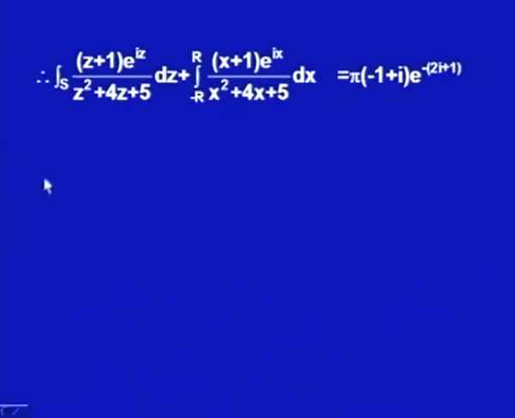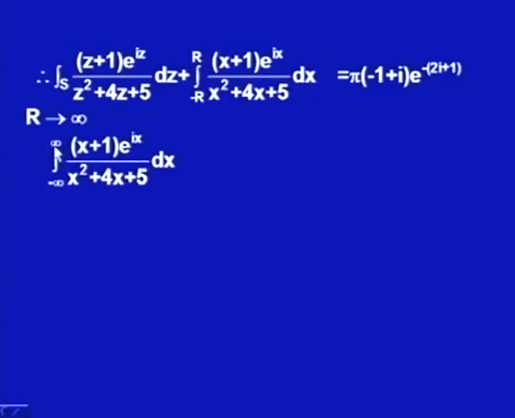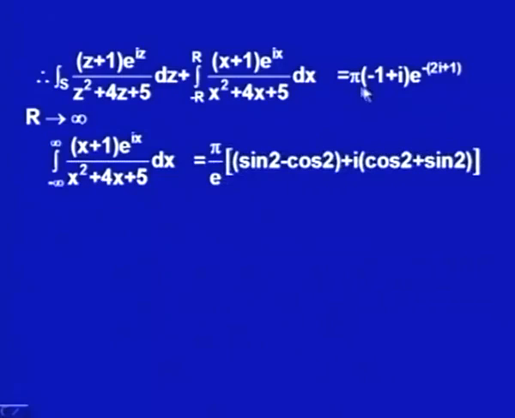Now, take the limit as r approaches infinity. Then the second integral can be written as the integral from minus infinity to plus infinity of (x plus 1) e^{ix} upon x squared plus 4x plus 5 dx, and the first integral approaches 0, as we just showed. So, this would be equal to this part.